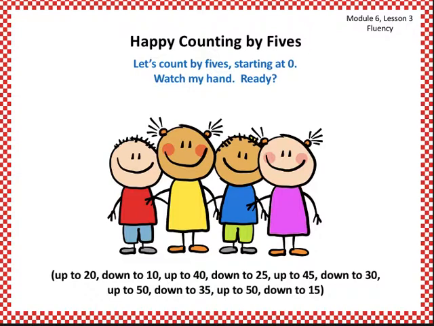Let's go down. 45, 40, 35. Let's go back up. 40, 45, 50. Let's go all the way back down to 0. 50, 45, 40, 35, 30, 25, 20, 15, 10, 5, 0.